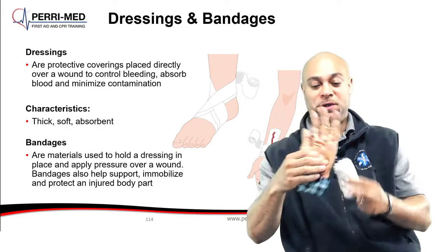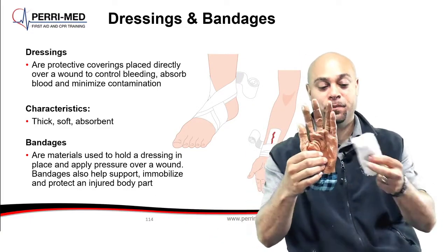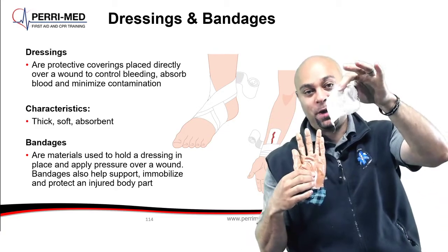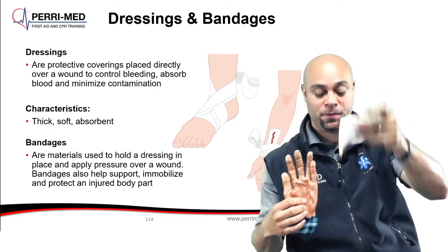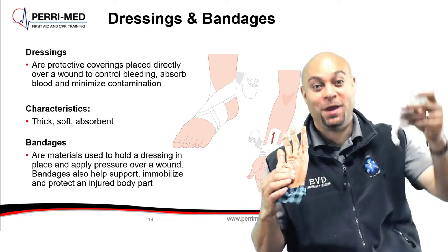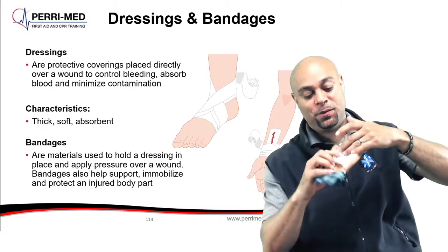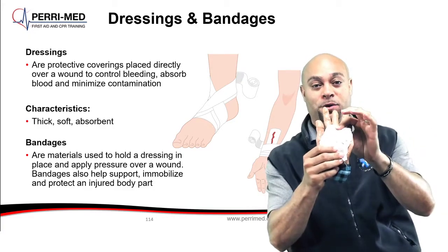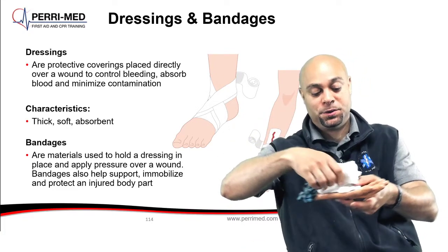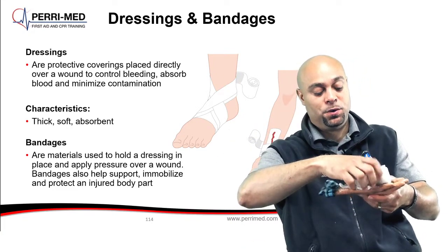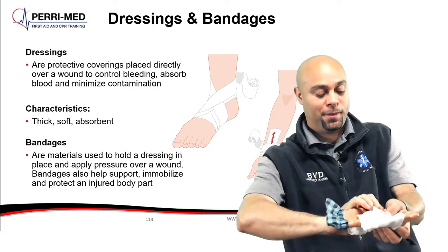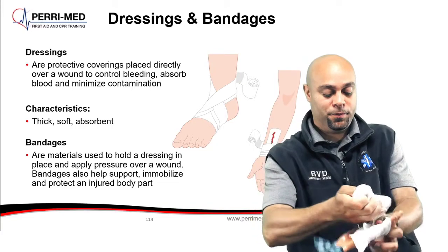So let's say someone has a cut on their hand. So what we need to do first is put a dressing down. So there's a difference between a dressing and a bandage. The dressing is like salad dressing. It goes on top. So we're going to put that on top of the bleed. And then we're going to take a roll of gauze, and we always want to wrap around.